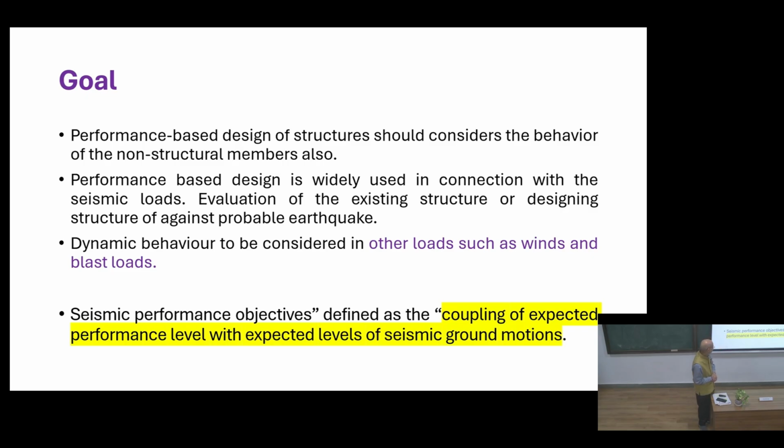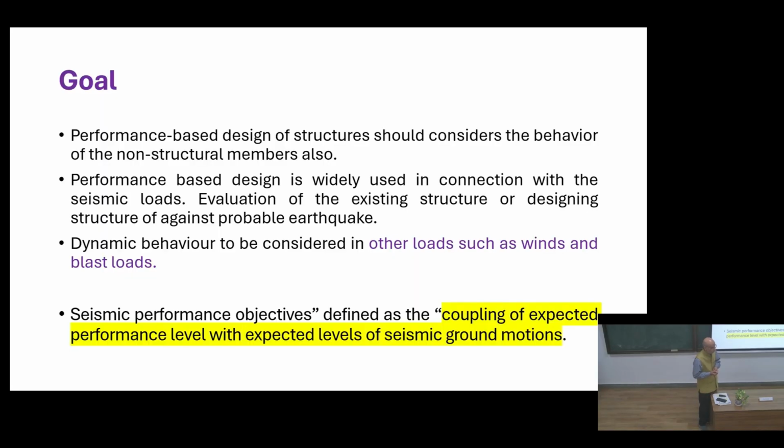So seismic performance is defined as the coupling of expected performance level with expected level of ground motions. So how much ground motion you expect at a place is based on scientific study. If it is not available, you can scale up other available data and use it for your design.